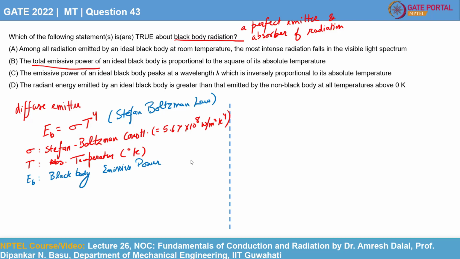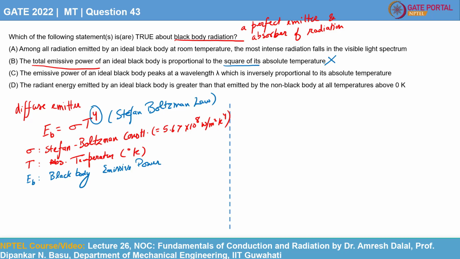You should note that the emission of thermal radiation is proportional to the 4th power of absolute temperature, and in the statement it is mentioned the square of its absolute temperature. So this statement is false. Total emissive power of an ideal black body is proportional to the 4th power of the absolute temperature, not the square.